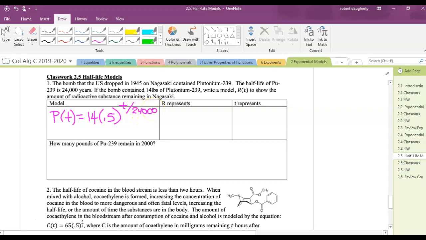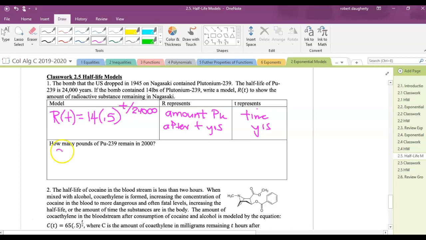They wanted us to write something as R of t, so let's just change that to an R of t. R represents the amount of plutonium after t years, and t represents the time in years. Okay, how much remains in the year 2000?